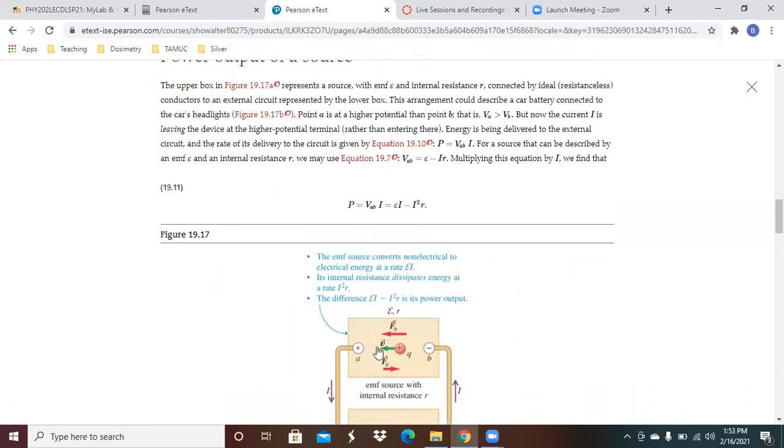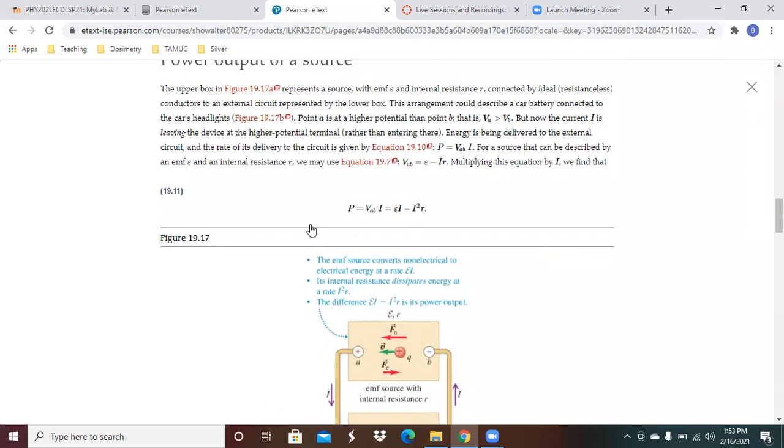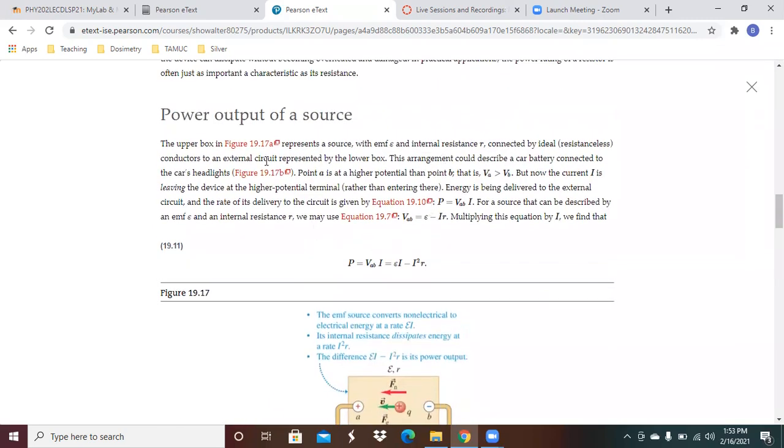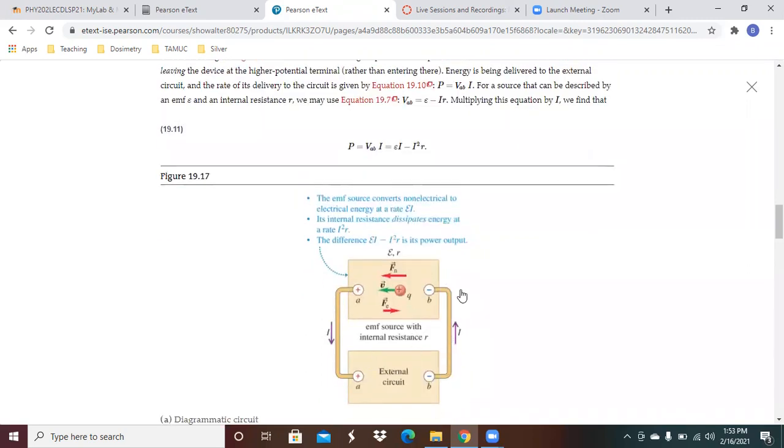So the upper box is going to represent a source with EMF and internal resistance r, connected by ideal resistance-less conductors to an external circuit represented by this box. This arrangement could describe a car battery connected to the headlights. Point A is at a higher potential than point B. You can see that in both cases.